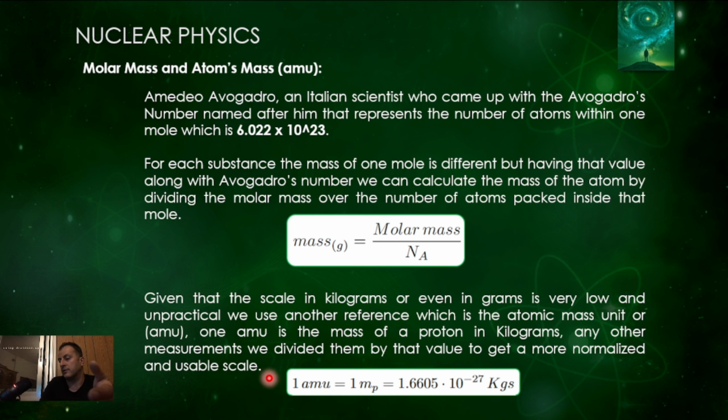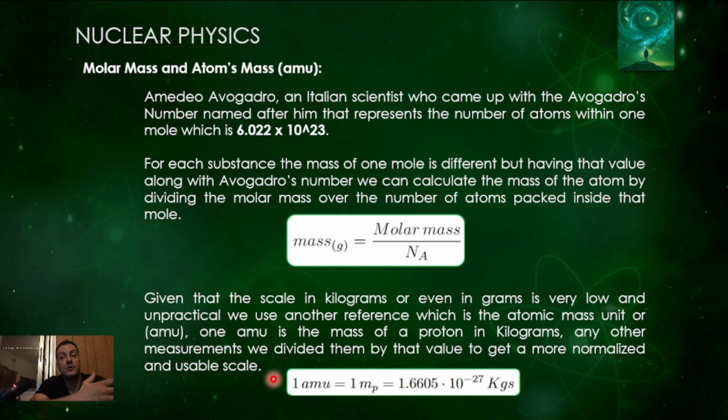Any other measurements, we divide by that value to get a more normalized and usable scale called the atomic mass unit. Now here we point to something important, to give you a clearer idea on why we use AMU. The same way, when measuring very, very large distances, of a colossal scale, you no longer use meters or centimeters.